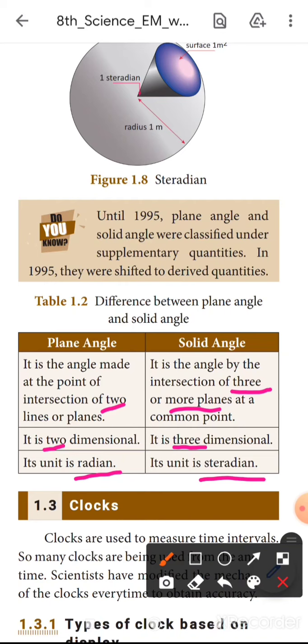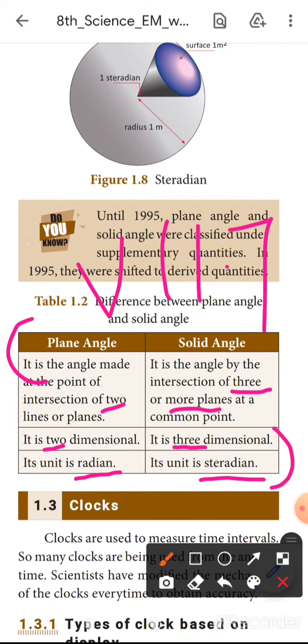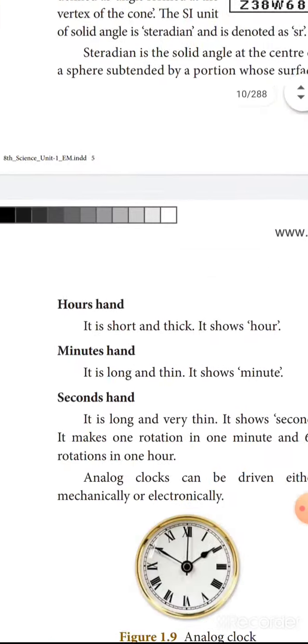This is one book back question, Roman 7th question. Now take page number 9.